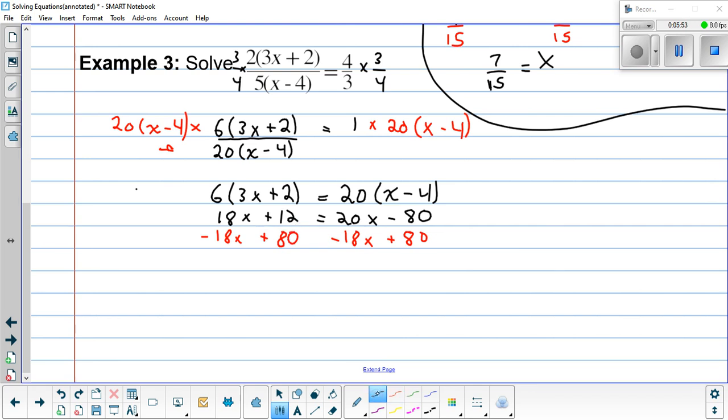That means we are going to be left with 92 on our left and 2x on our right. So to get x, we just divide by 2, because that's our coefficient on our x term. And we're left with, well, what's half of 90 is 45, so half of 92 is 46. So therefore, we have 46 is equal to x.